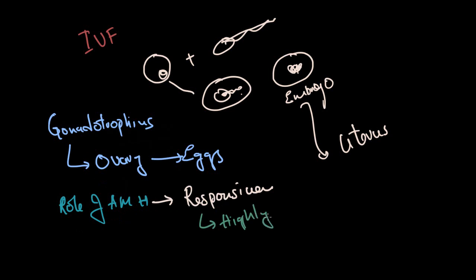And the patients who have low AMH levels are called poorly responsive. How are they different? Highly responsive females are the ones who may be needing a little bit lower dose of gonadotropin, while poor response people require a little higher dose.